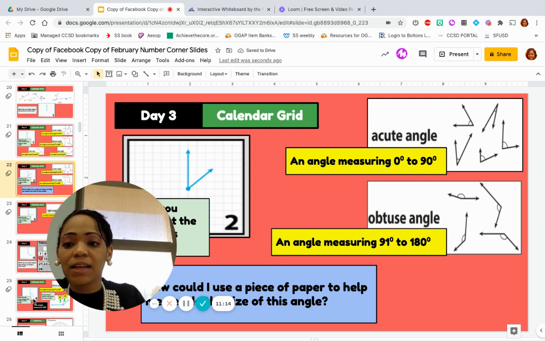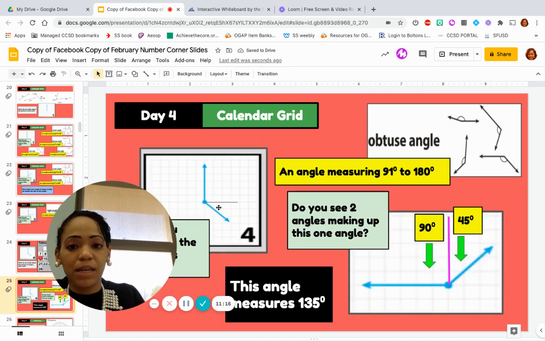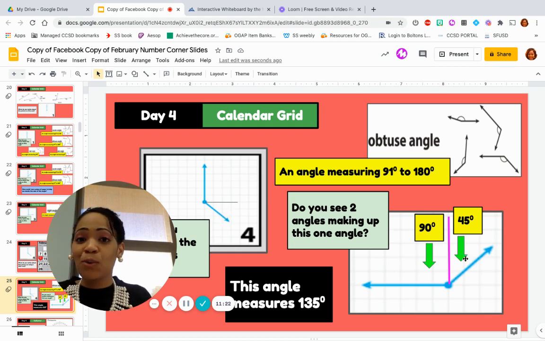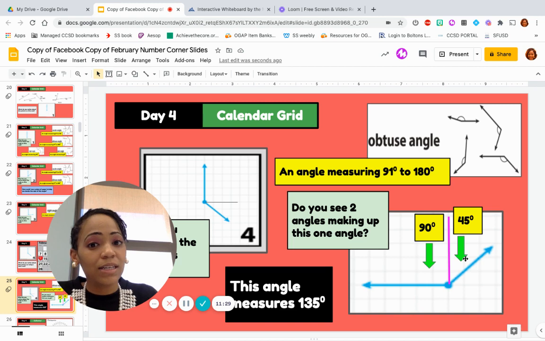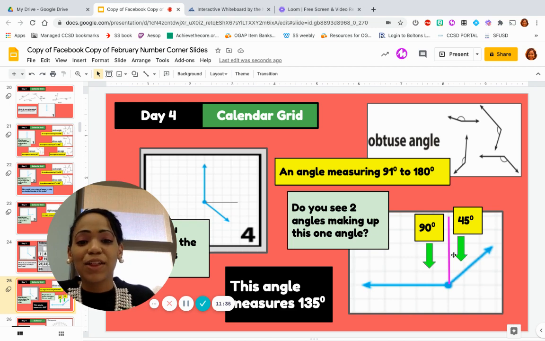So if I look at this shape, put my line here for my 90-degree angle, but now I have another 45 degrees. What's my total degree for this angle? 90 plus 45, which is 135 degrees, a 135-degree angle.